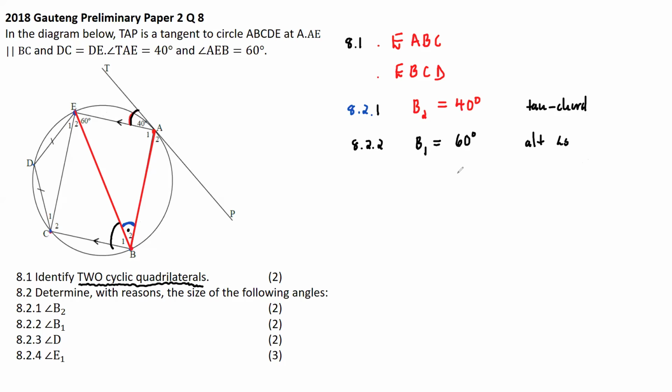But remember, when you say alternate angles, you must be able to state which lines are parallel. So AE parallel to BC. Please keep in mind, fam, you can't just say there's alternate angles unless there's parallel lines, okay? So the condition must be there should be parallel lines. Then we can start talking about alternate angles.